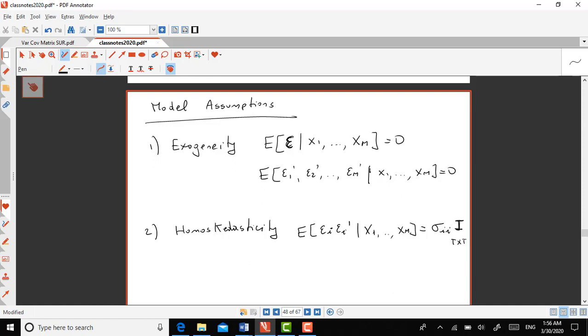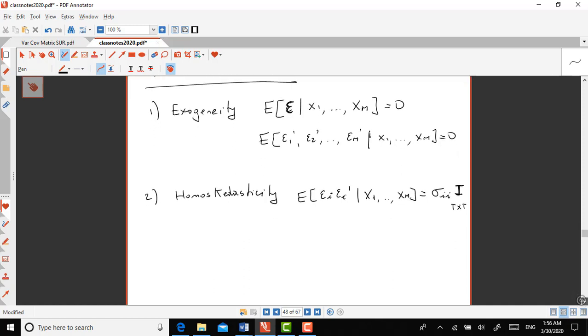And the assumption that I would argue is the key SUR assumption has to do with the correlation of the errors across equations.